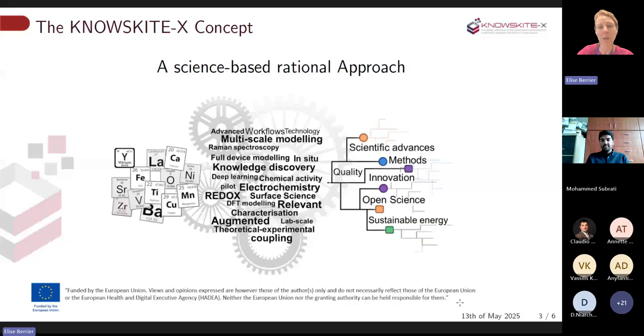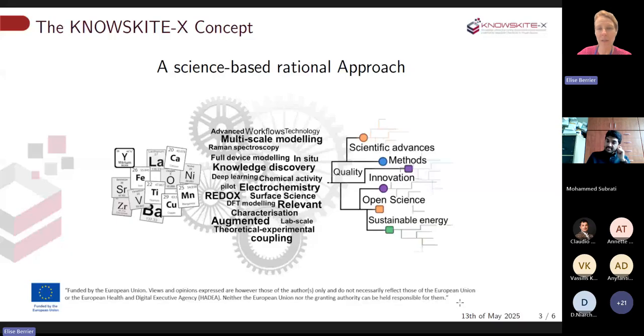So few words on some examples of what we are doing in Knowskite-X about materials preparation. One key aspect is controlling the texture, and it's very important in both use cases we are working on, which are carbon-based materials for capacitors, electrodes, as well as perovskite and oxide-based materials for fuel cells and electrolyzers application.